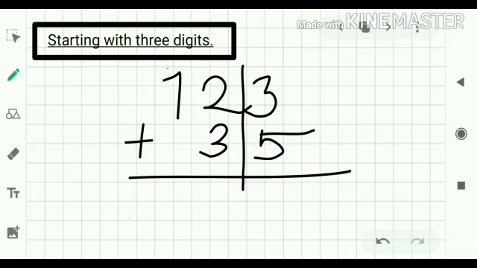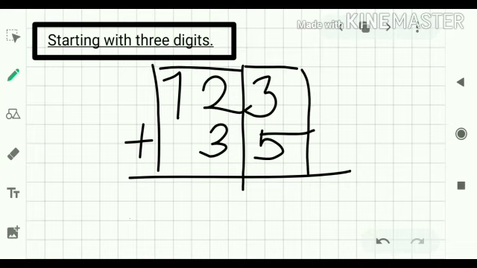Now, as you can see, this sum gets separated into two parts. One is 5 and 3, and the next is 12 and 3. Now this becomes very easy. If you have to solve this in mind, you can make a picture of these sums in your mind and separate them, and thus it will become easier to separate units digits from units digits and the rest of the digits.